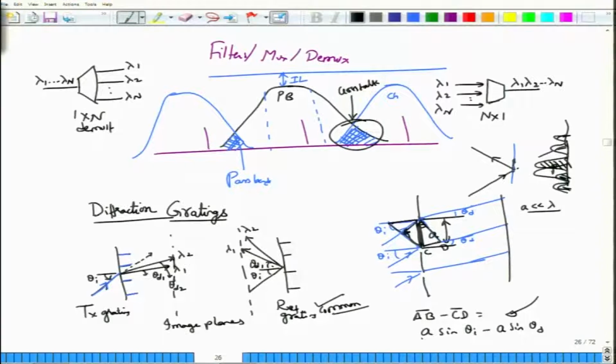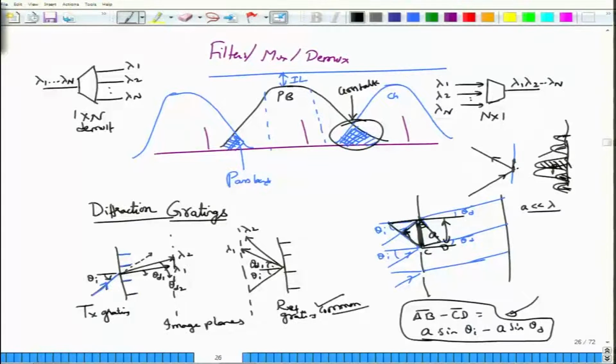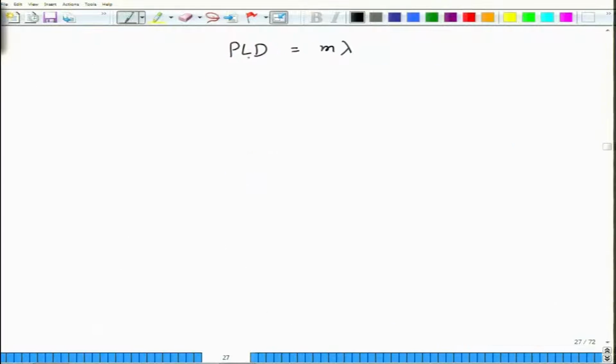So this is essentially the path length difference, and provided that this path length difference, which we will call PLD, is equal to some m lambda, depending on whatever the angle theta I, theta d and A. If this path length difference for that particular lambda happens to be an integral multiple of the wavelength itself, then you get a maximum intensity at that image plane.